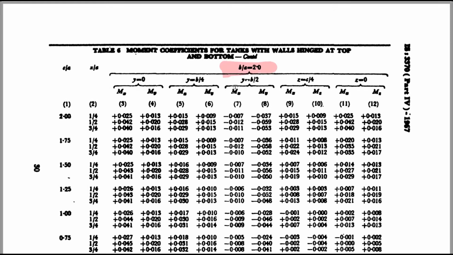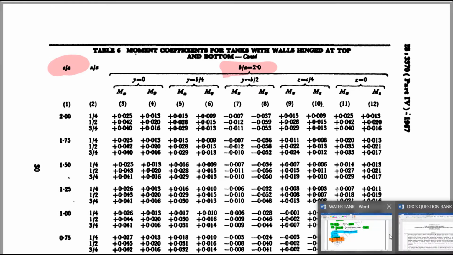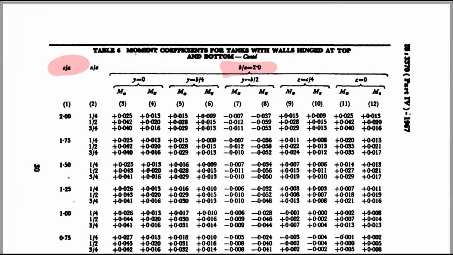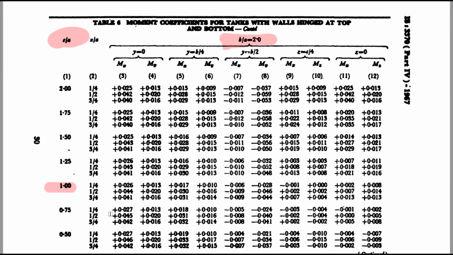Now what do we have? We have C by A, meaning width by height. Let's check what we have with the width by height. Width by height is 1. So by this table you can find out Mx and My.